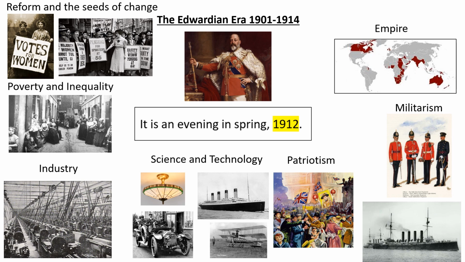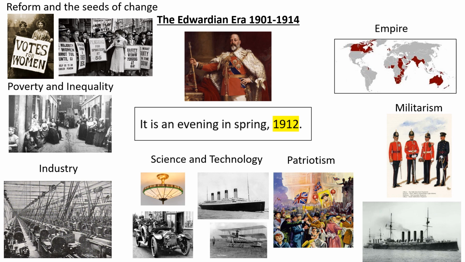And so it was very easy for patriotic Britons to say, we are here to stay, we rule the world, we are the best. And this huge sense of confidence was everywhere in Edwardian England. The flip side of all this power and wealth was that there was huge poverty and inequality.